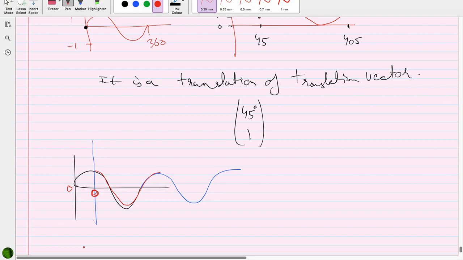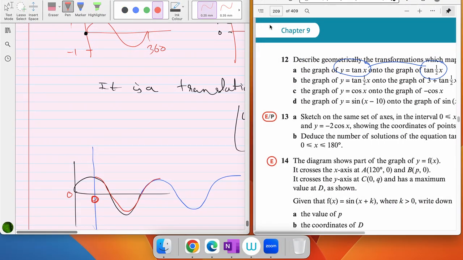And in case of translations, in case of transformation, it is from sine to sine, cos to cos, and tan to tan. In case of tan, there will be nothing as a vertical stretch because the amplitude is not an issue for tan. Okay, let's have a look at this.